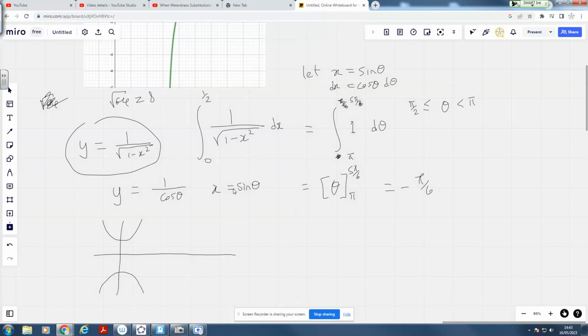But if we parameterize it, which is what we've really done here, we've turned it into a parametric equation when we're using the substitution, then all of a sudden y can take a negative value from those values, and that's why we're ending up adding up a series of negative y coordinate heights, and that's why we get a negative answer. The area lies below the x-axis, and that's why we're getting a minus pi over 6 here.